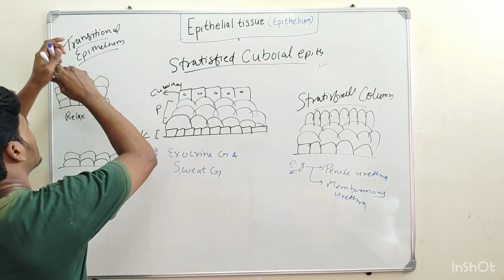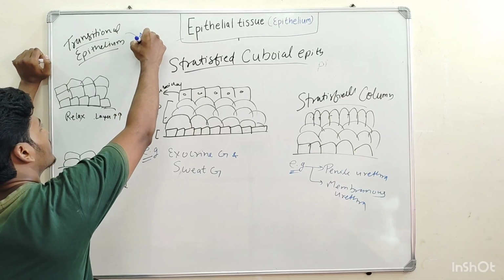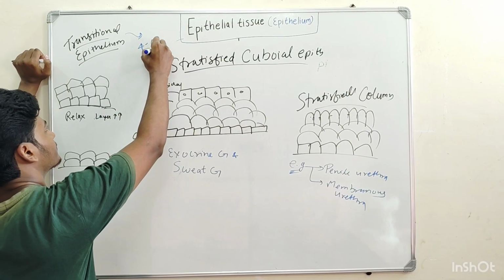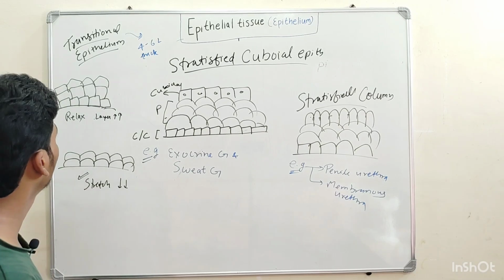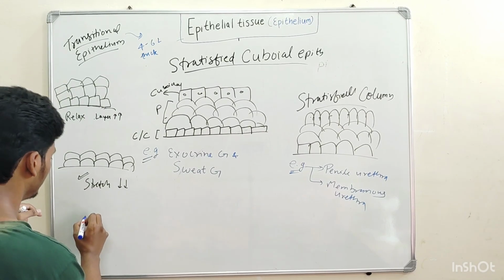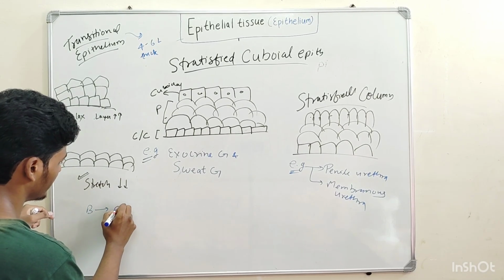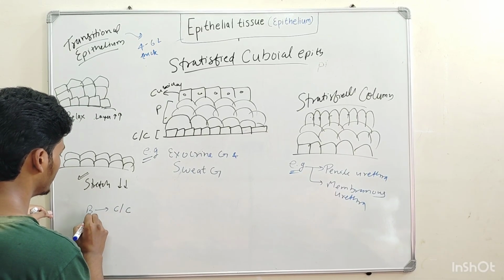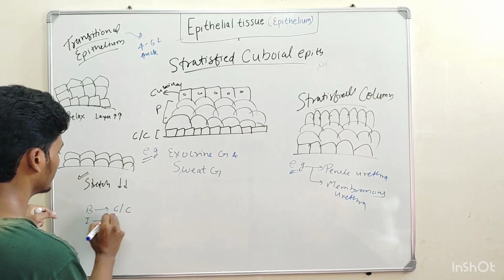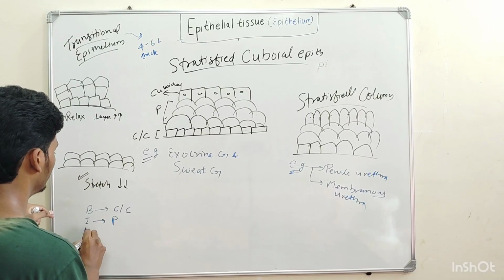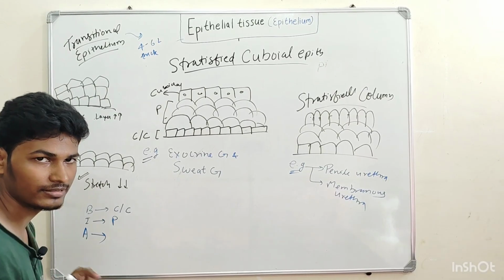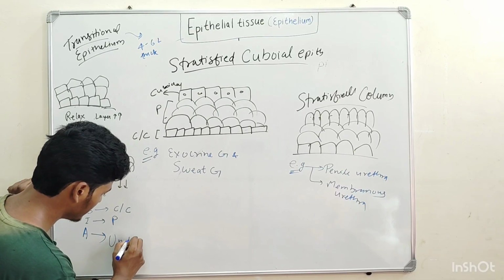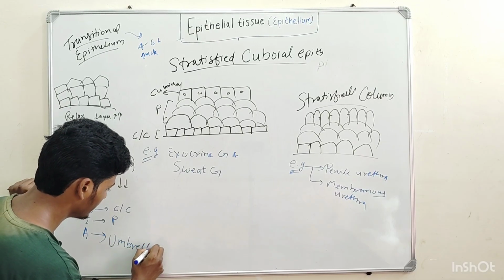Actually, transitional epithelium is 4 to 6 layers thick. In transitional epithelium also, the basal layer will be cuboidal or columnar, and the intermediate layer will be polygonal, and the difference you will see is in the apical layer. The apical layer is umbrella shaped.